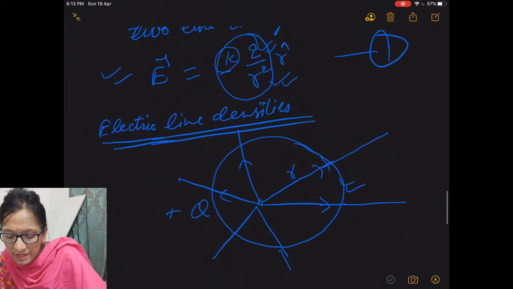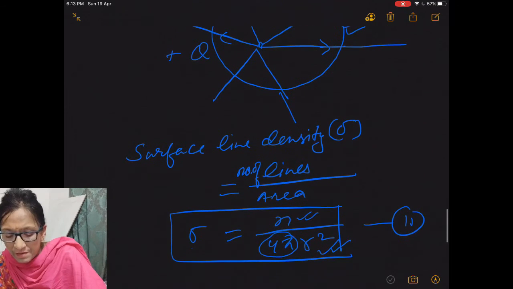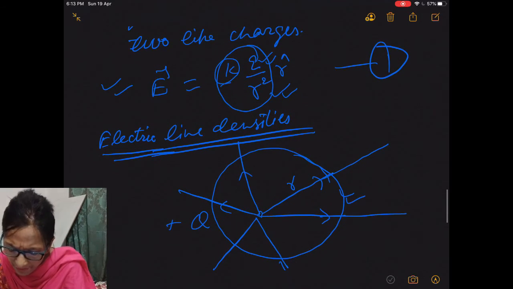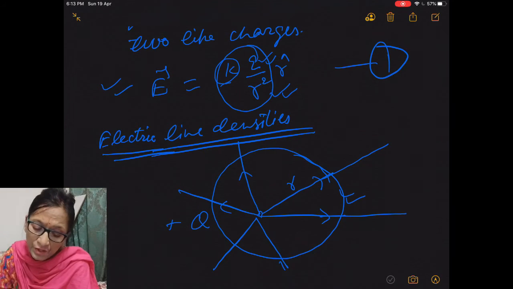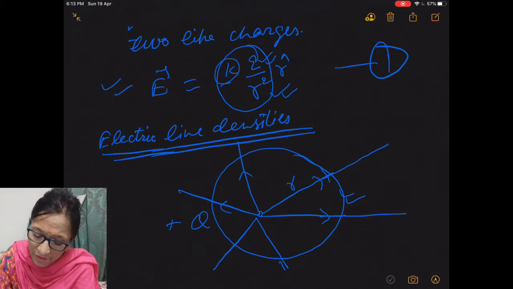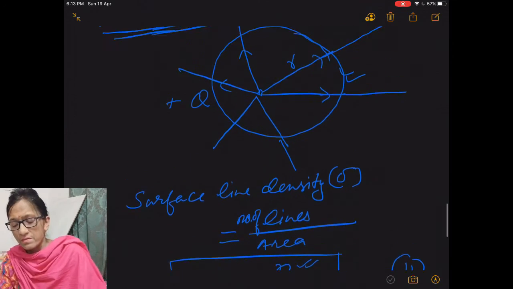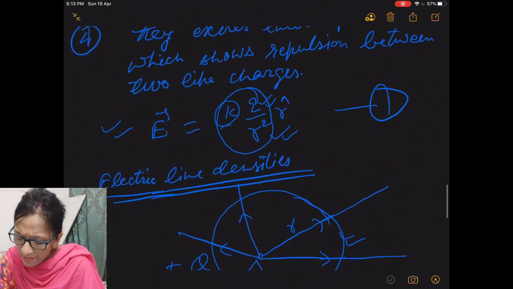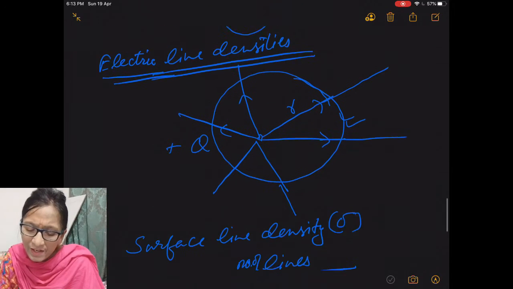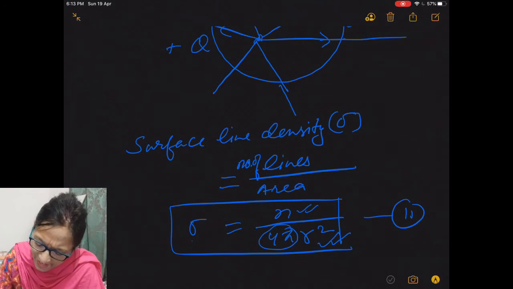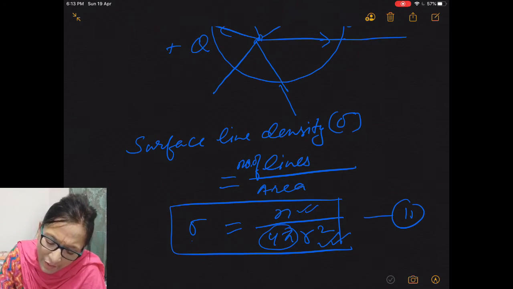surface line density and electric field, because here you can compare even number of lines with charges also, because you can consider that the number of lines will be anyhow related to charge only. So here you have charge, here you have number of lines, because these lines are only due to charges.